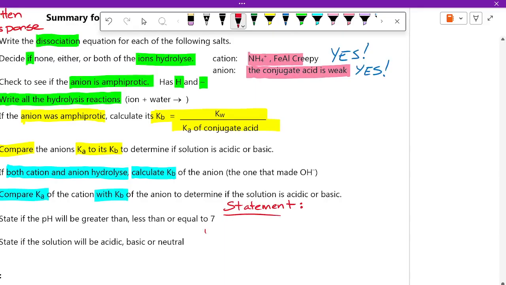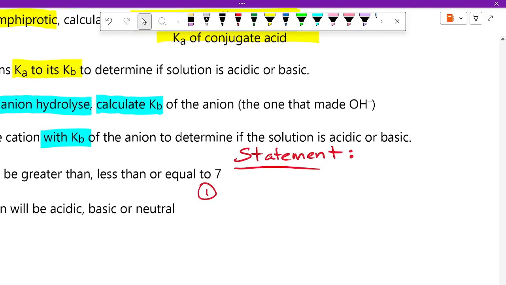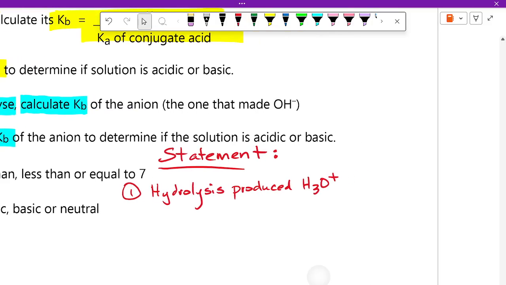It can be, number one, hydrolysis produced H3O plus. Therefore, the solution is acidic.